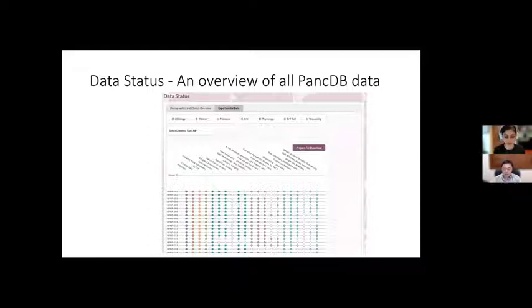And the title provides a list of all the assays we have in PancDB. And then in the first column, it gives you a list of all the donors. So just visualizing this plot, it can give you a quick idea of the availability of specific assay data that you might be interested in.